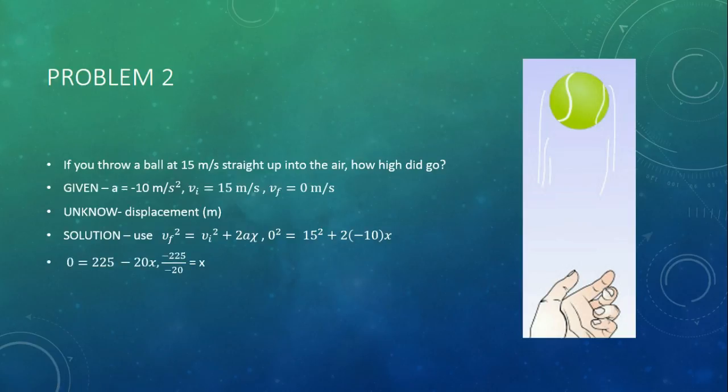So we get that, then we subtract 225 from the other side, and then divide by negative 20, and we get 11.25 meters. Sorry, I forgot the units, but I wrote it right here, so I would just draw an arrow there.